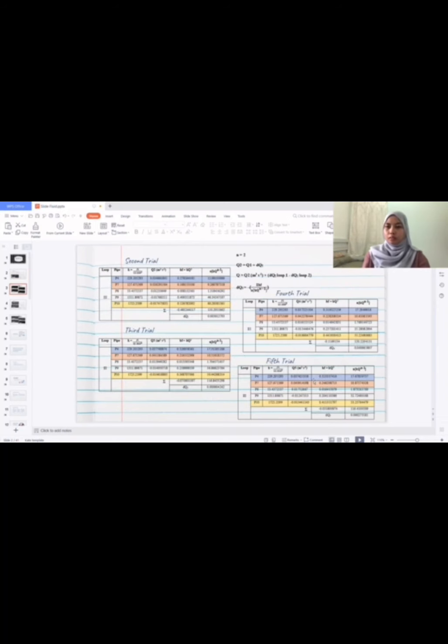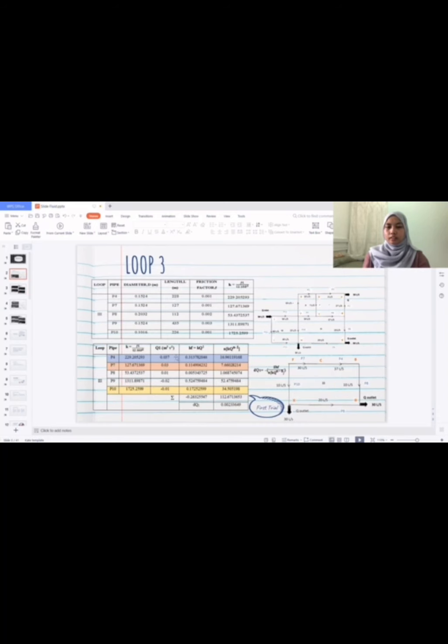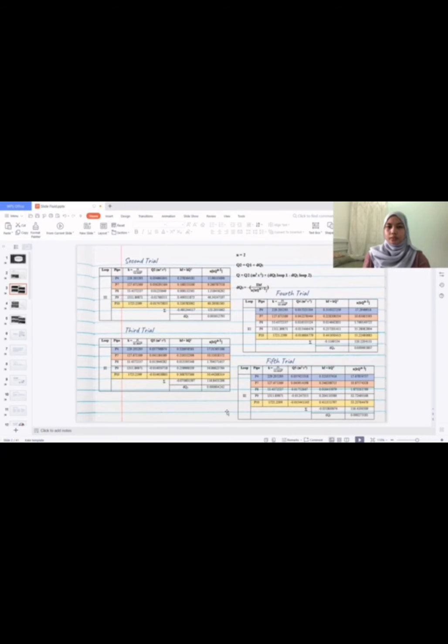So it will be a different method to get the Q, which is the Q1 plus the dQ1, but dQ1 needs to be minus the other dQ from the other loop. After that we can get the value of Q for P4, P7 and P10.